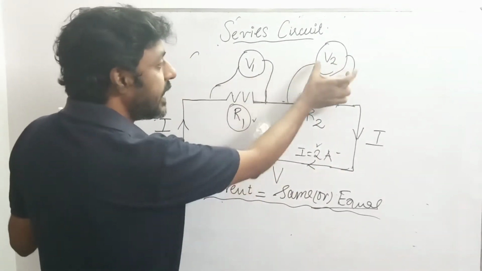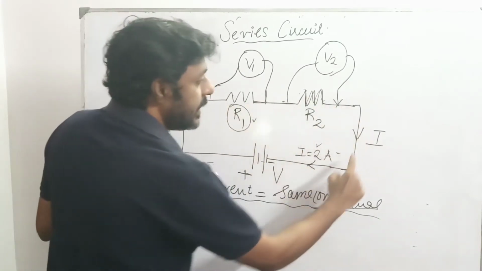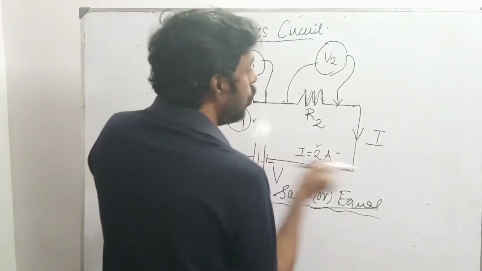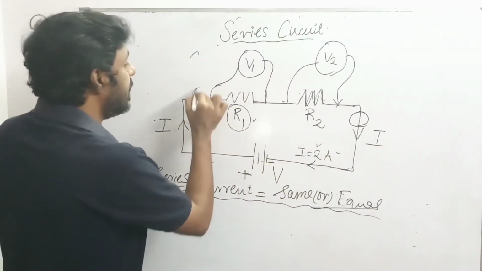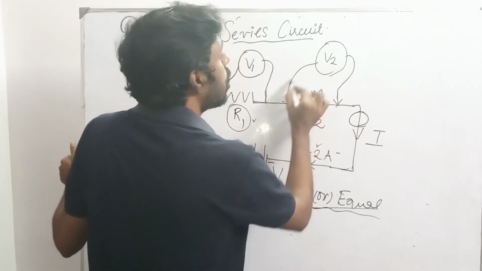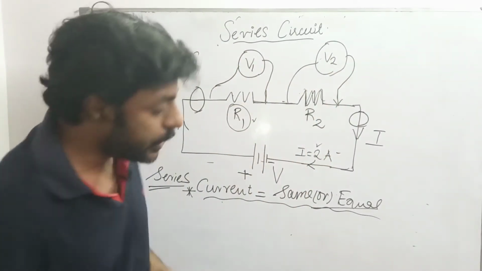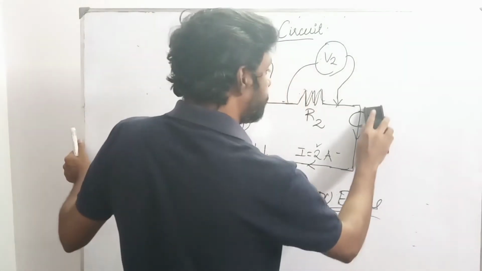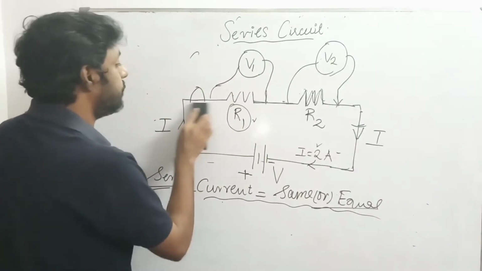You should not connect this voltmeter in line with this circuit. You should not connect the voltmeter over here. You should not connect the voltmeter here. You should always connect the voltmeter across the resistor, right? That is an important concept that you need to pay attention to. Voltmeter should be connected across the resistor.